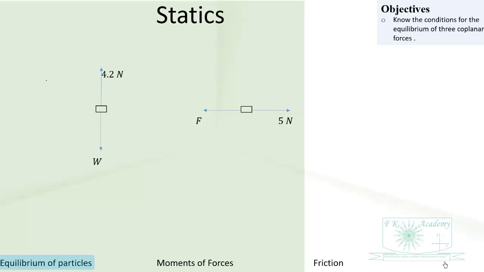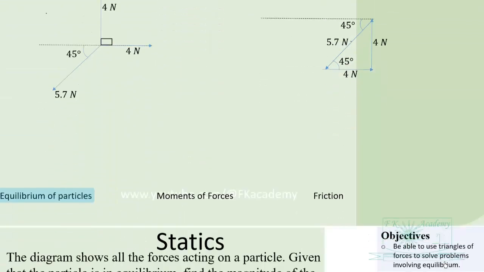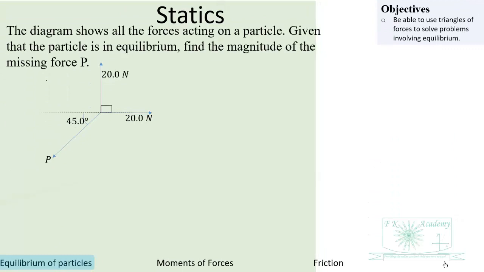In this video, we are going to consider three coplanar forces in equilibrium. We will know the conditions for the equilibrium of three coplanar forces. We will also look at how we can use triangle of forces to solve problems involving equilibrium. So we will consider an example where the triangle of forces will form a right angle triangle.